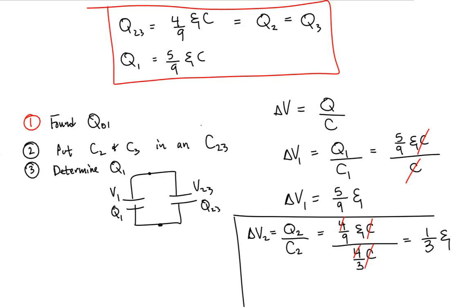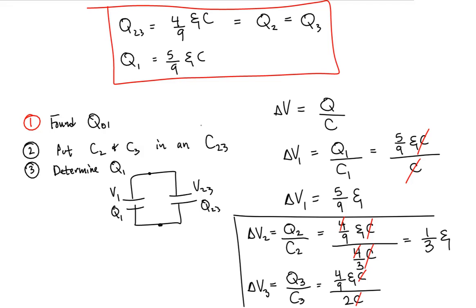So we've now found the potential difference across capacitor 1, the potential difference across capacitor 2, and finally, the potential difference across capacitor 3 is just the ratio of its charge over its capacitance. Well, its charge is the same charge as the charge on capacitor 2. Its capacitance is twice the capacitance of capacitor 1.